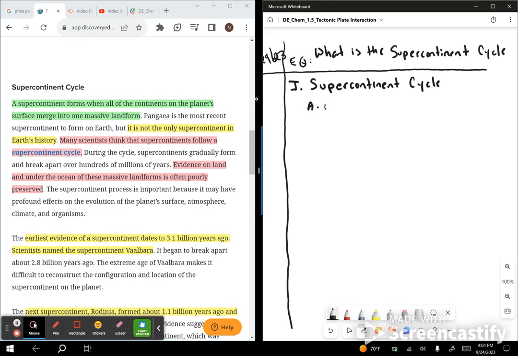Let's go ahead and say: form when all the continents on a planet's surface merge. That means they join, merge together.